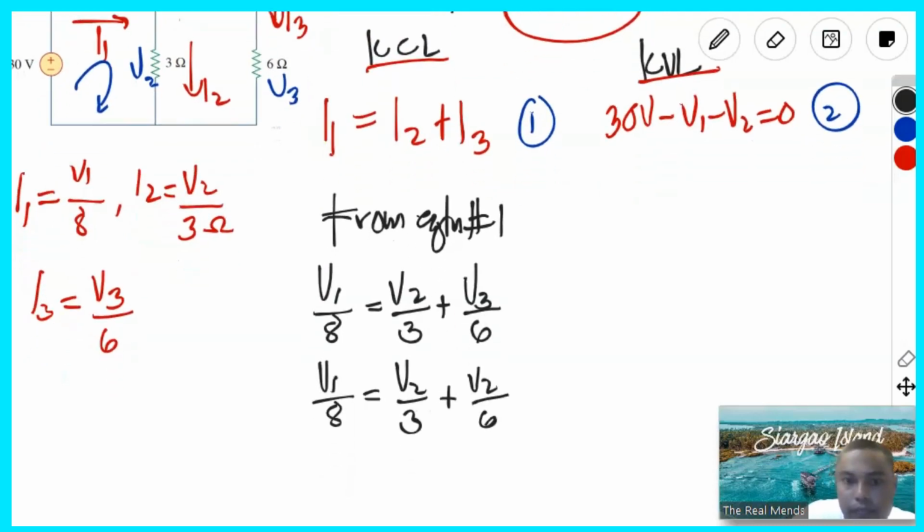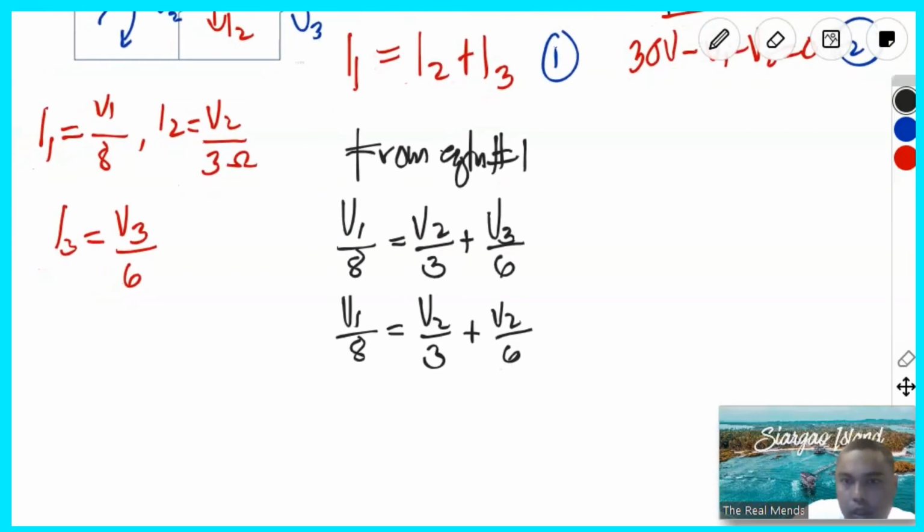Okay, after that we can just simply add 1/3 plus 1/6. Okay, so we have V1 over 8 is equals to V2 over 2. So 1/3 plus 1/6 is equals to 1/2. And then just cross multiply it.